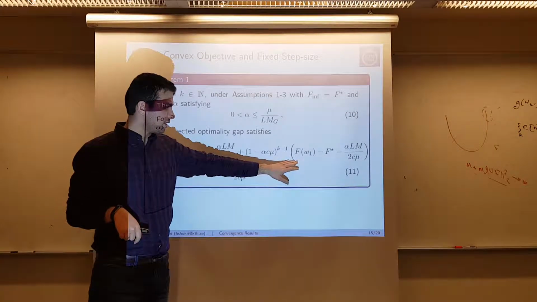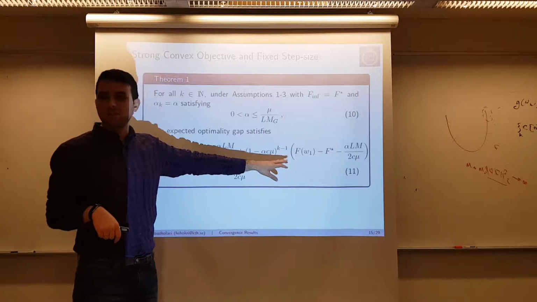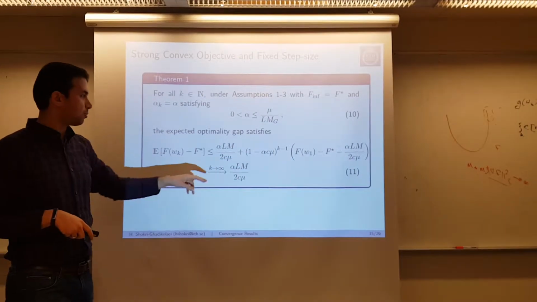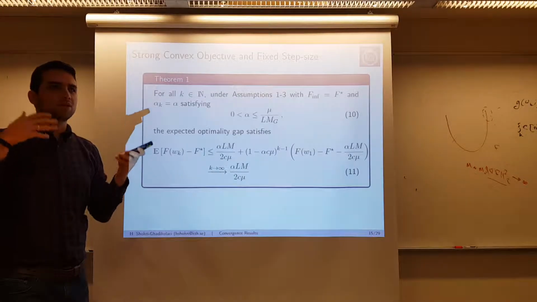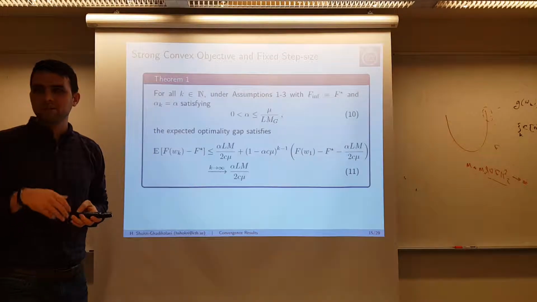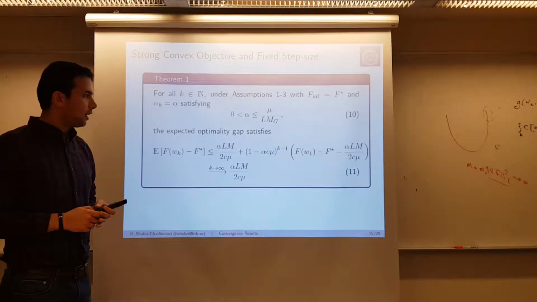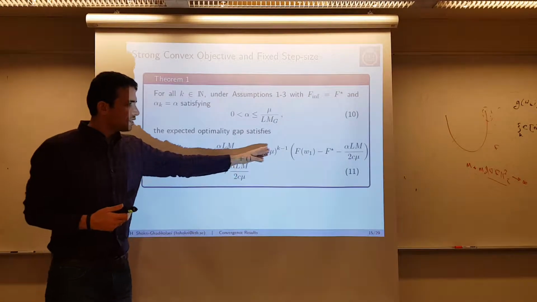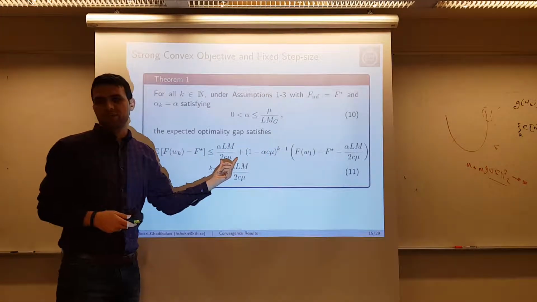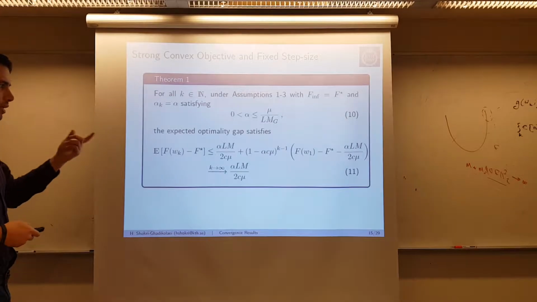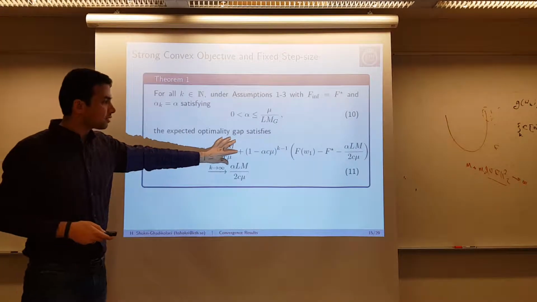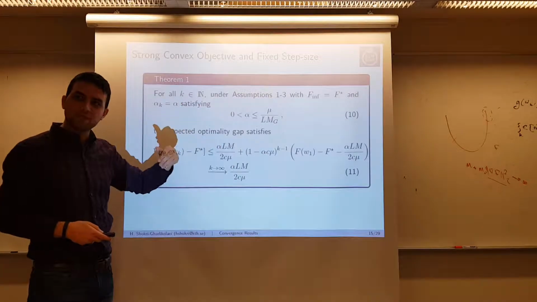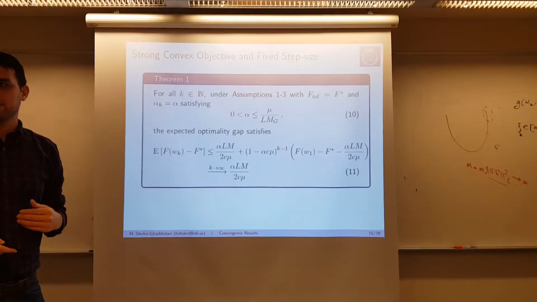Because this term will go to 0 very, very fast, as opposed to that term. If the epsilon is so large, nobody cares, of course. But if the epsilon is so small that you have some meaning of convergence to epsilon optimality, then this term goes away and you have just this term. That's the main point. And if you want to make it closer and closer to 0, then you will see sublinear convergence.